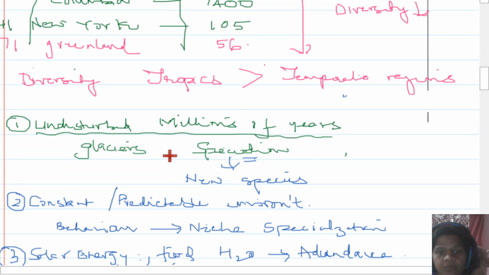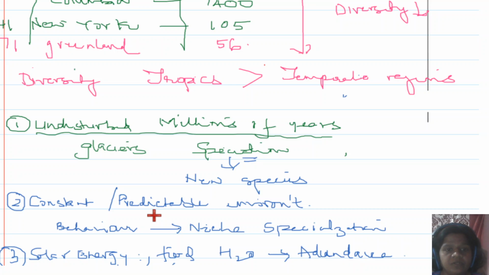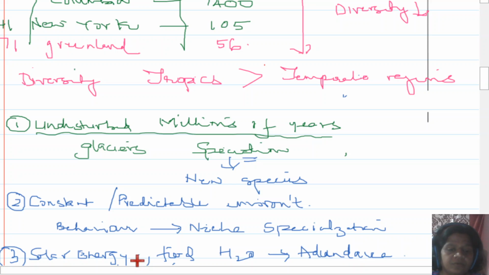But that is only one of the reasons. The second reason is that we had a constant, predictable environment, so there was niche specialization, which also led to diversity. The third is that we have an abundance of solar energy, food, and water, so new species develop.